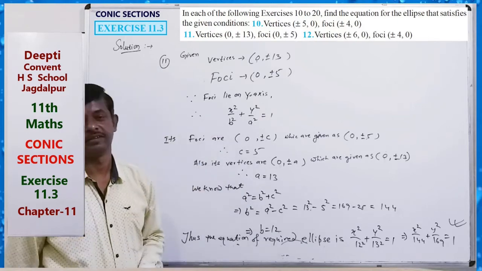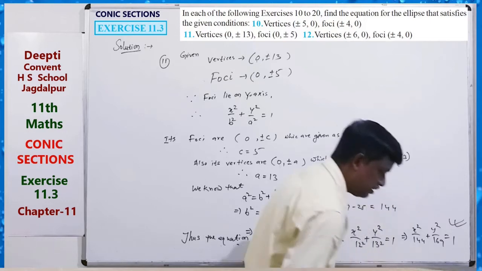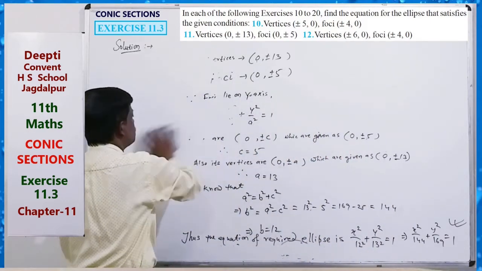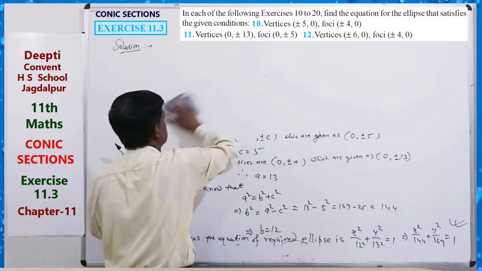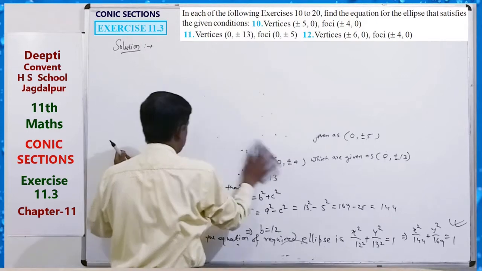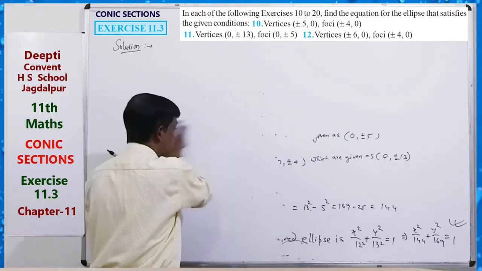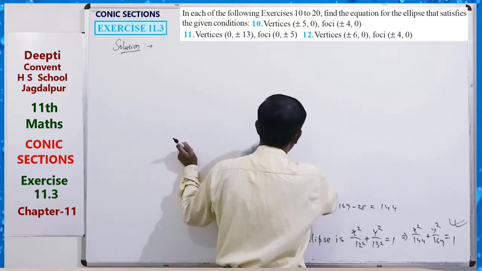Question 11. Similarly, question 12 can be solved. Now take question 13. Here the solution of the question depends on the given condition. So you have to know the diagram of the ellipse well, where the endpoints mean major axis, minor axis.